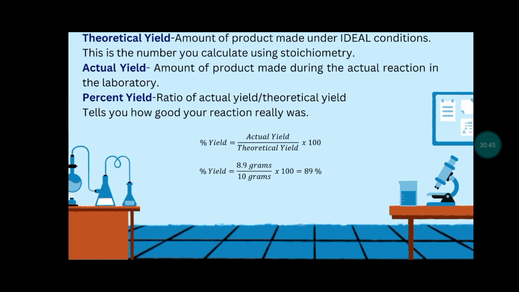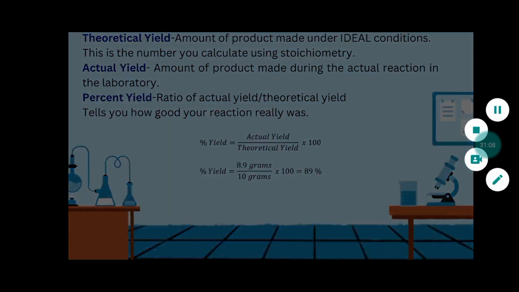Yon ang tinatawag natin na actual yield. And actual yield is always a fraction of the theoretical yield. And this fraction is tinatawag natin na percent yield.